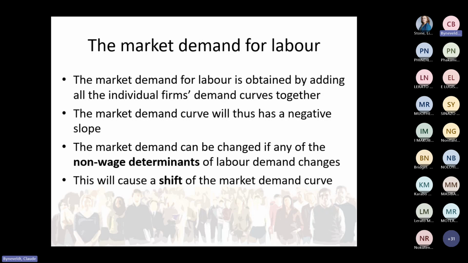If the wage rate increases, it will cause an upward movement. If the wage rate decreases, it will cause a downward movement along the curve, like in the case of the goods market. But a shift in the curve will only be caused by non-wage determinants.